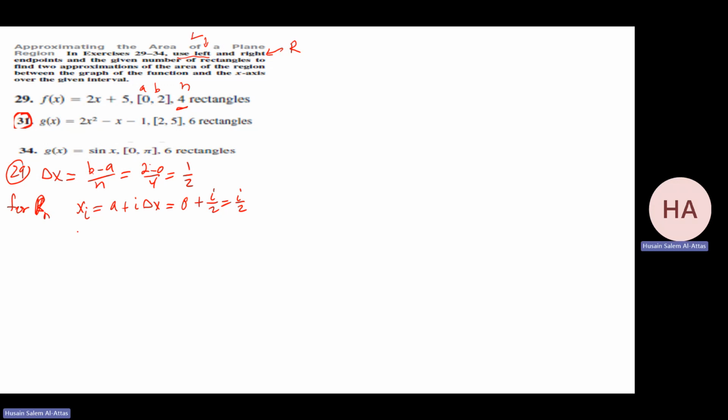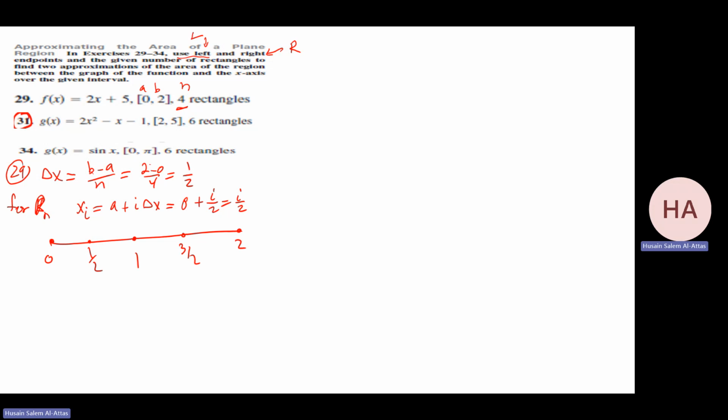Or you can do it like this: starting with 0, add half, that will be half. Add another half, that will be 1. Add another half, 3 over 2. Add a third half, that will be 2. I think this will be better.